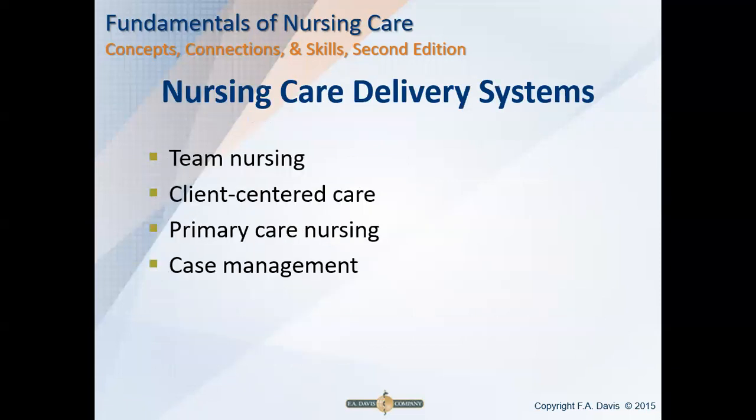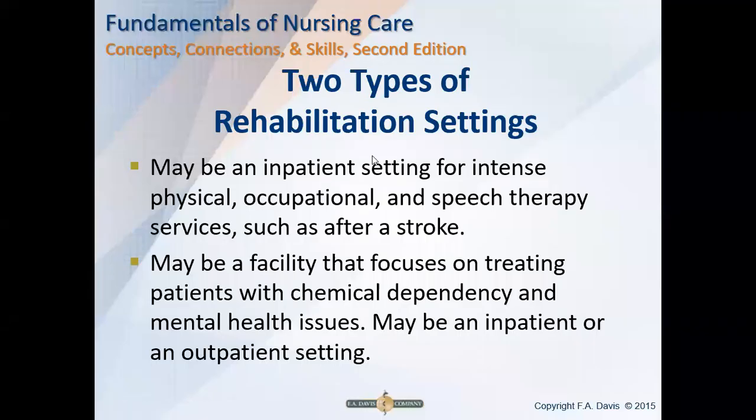Next here, the nursing care delivery system. So what is this? The facilities may focus on treating patients with chemical dependency and mental health issues, also in an inpatient or outpatient setting.